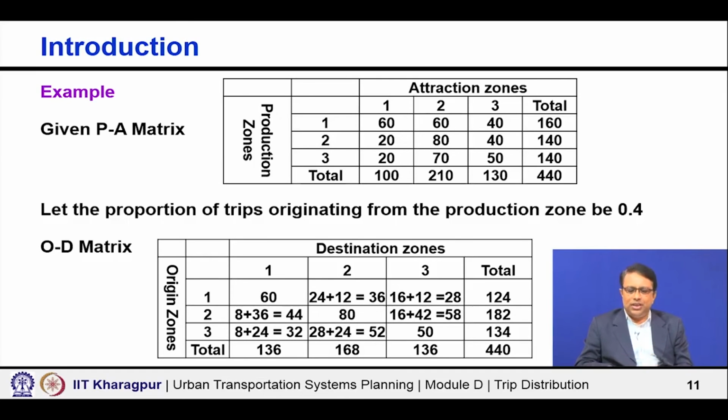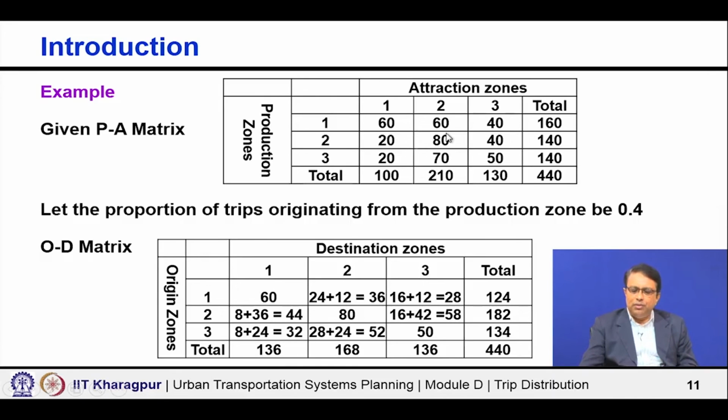Here you can see that I have shown the first one is a PA matrix, and then I am trying to show you how you can get the OD matrix from this PA matrix. Let us take one particular origin, destination or production attraction cell to explain how the calculations can be made.